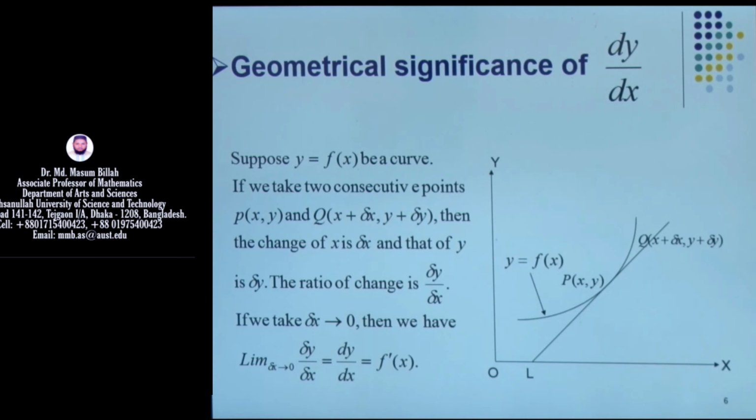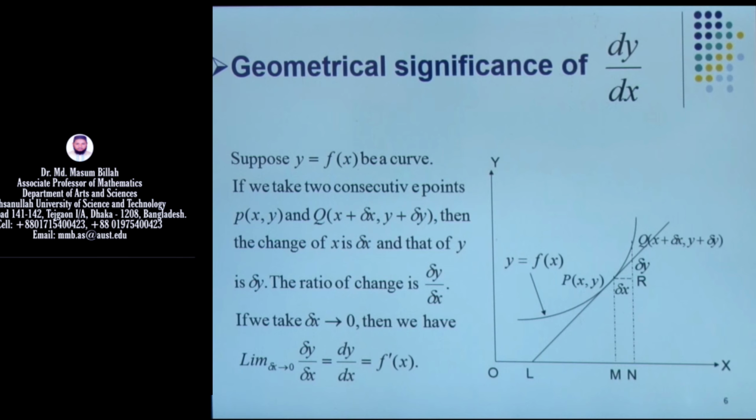Now we draw a tangent at the point P, and we draw a perpendicular PM on the x-axis, and another perpendicular from Q to the x-axis, QN, and the change of x is delta x, and the change of y is delta y here.